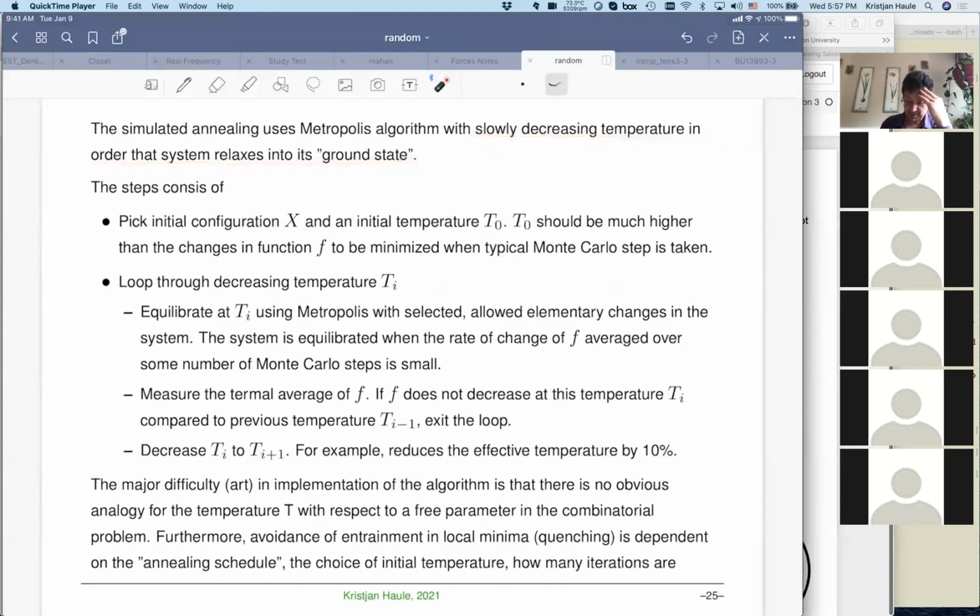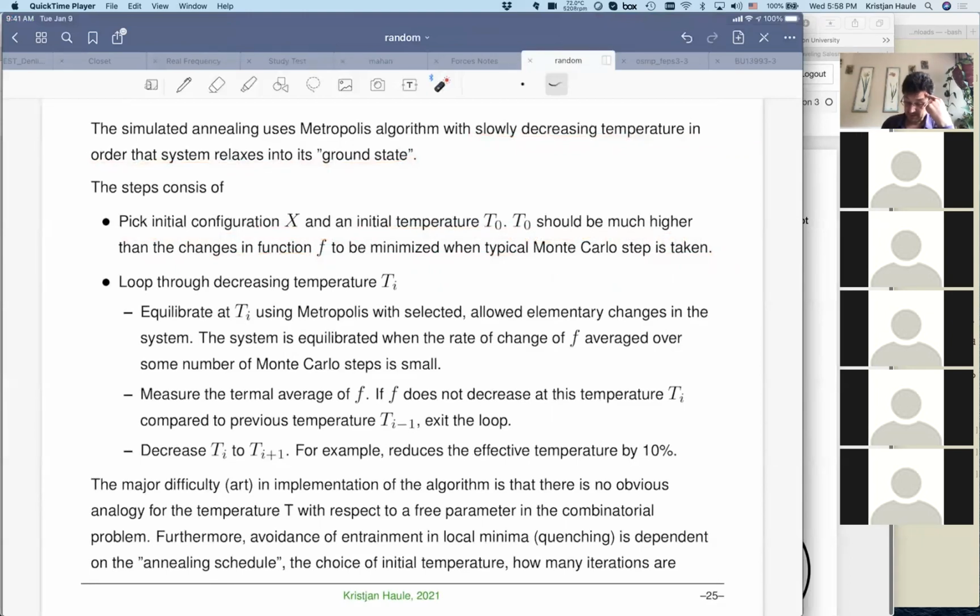Well, we pick an initial configuration X, which of course is very, very far from the ground state, anything, and some initial temperature T0. The important point is that T0 should be much higher than the changes in function F to be minimized when a typical Monte Carlo step is taken. So if you have no clue about the function F, then just take some very, very large temperature at the beginning, and that's it.